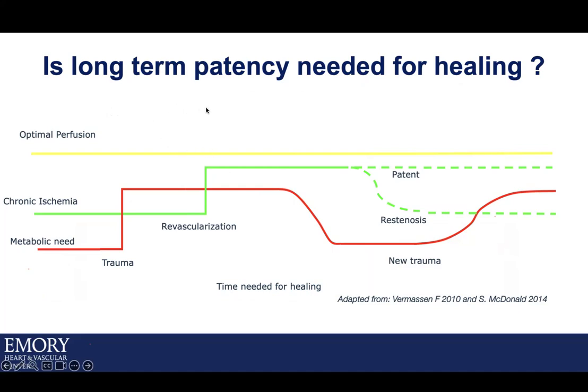And then even if the patency drops down, still the wound would have healed. And so you achieved the goal basically by helping the wound to heal with the intervention.